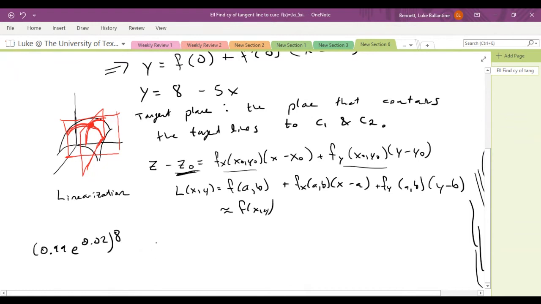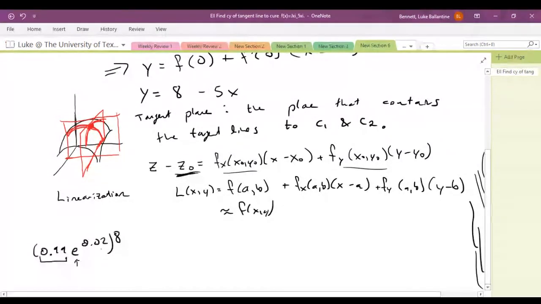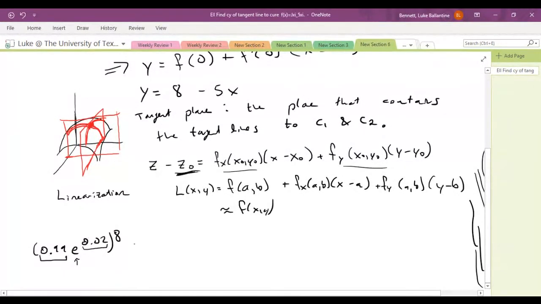So actually approximate this number, and when I did this, it was correct within 2 decimal places. So here we go. We got some wacky number times e raised to some wacky number, all that raised to the 8th.